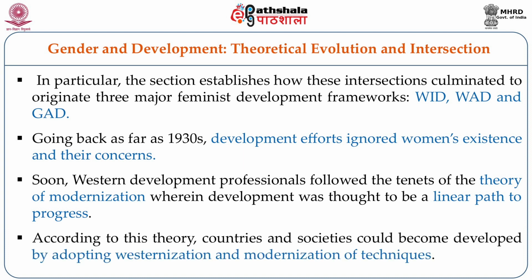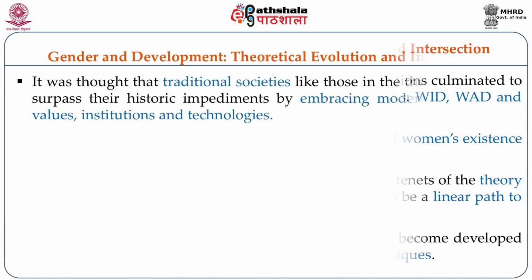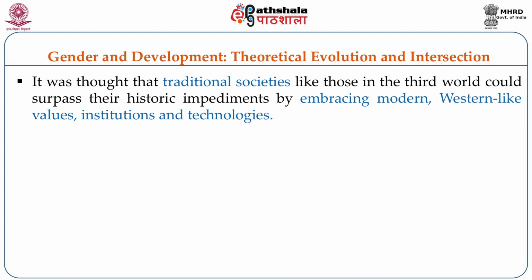According to this theory, countries and societies could become developed by following a certain path from pre-modern to modern society, by following certain modern techniques, by believing in certain modern ideas, and by leaving behind their traditional beliefs, their traditional ideas, and by adopting new modern technologies and techniques.